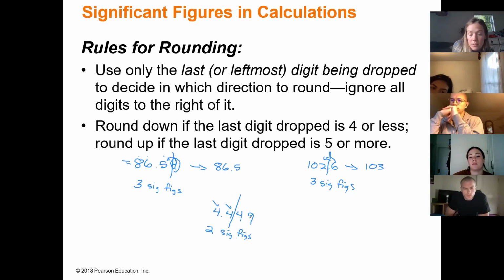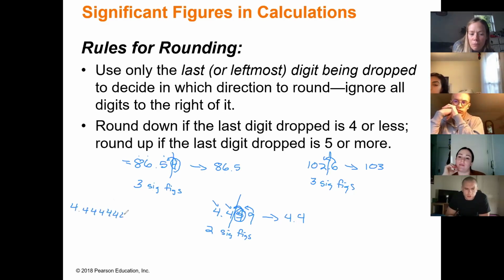Everything else gets dropped. The 4 tells this 4 to stay, so we round to 4.4. Sometimes students will go, doesn't the 9 tell the 4 to round to 5, and then the 5 tells the 4 to round to 5? No, don't play that game, because how far back do you have to go then? What if it was 4.444449? You have to go all the way back? No, we ignore that as junk information. We just look at the number that comes right before it.